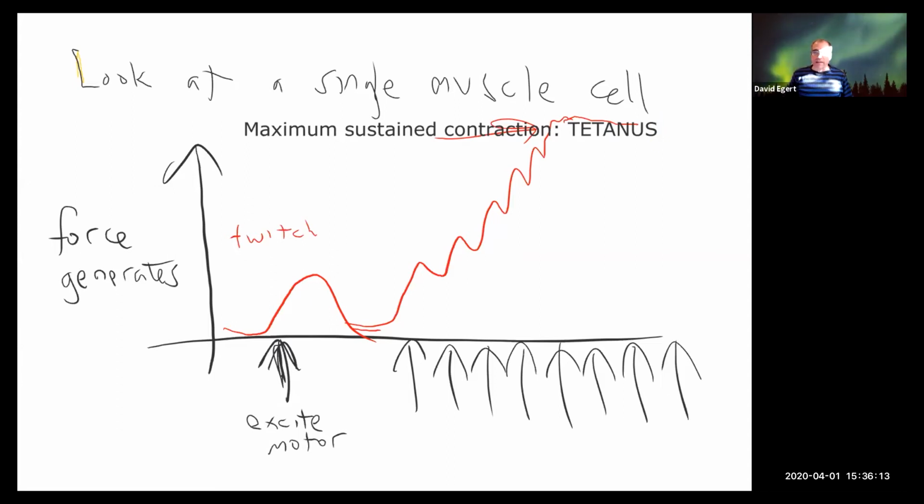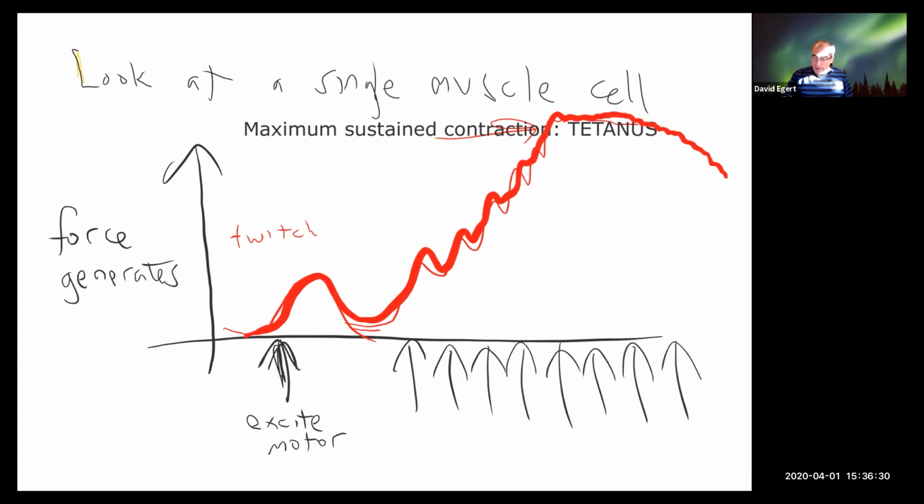Tetanus just means you are activating this little motor neuron that's talking to the muscle cell, and you're getting this maximum contraction. But then it starts dropping off. So even if you just keep activating the muscle cell, you start losing contractile force, and this is called fatigue.